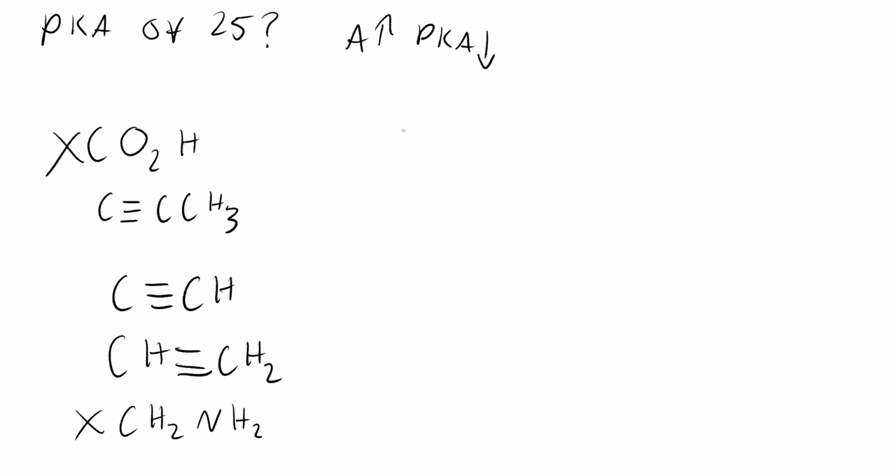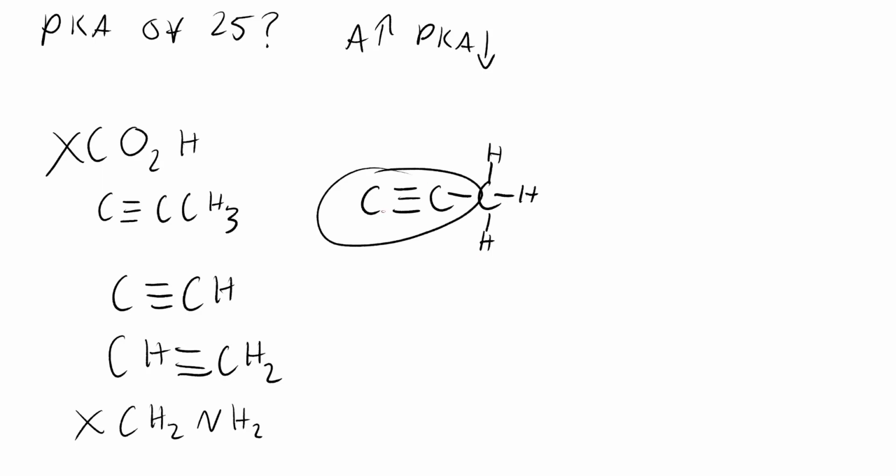Well, what I like to do is draw out the structure. So for instance, we have a carbon triple bonded with a carbon, and that carbon is connected with another carbon, so these have 4 bonds. This carbon will have an H, an H, and an H. You don't want to be looking at this part, because this part has another mess.